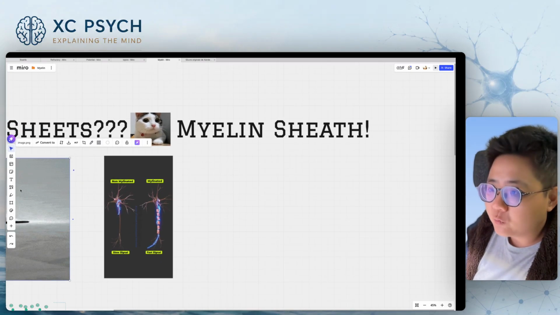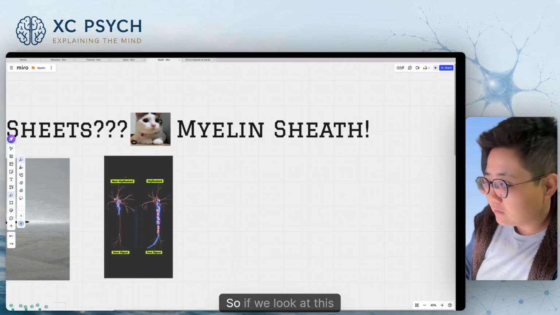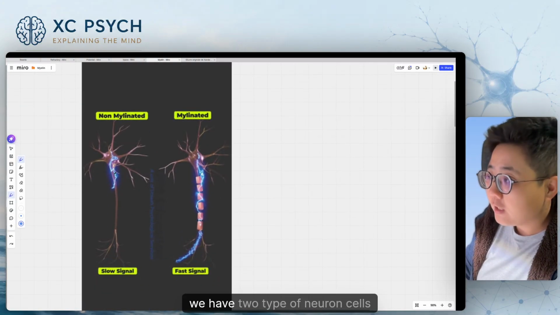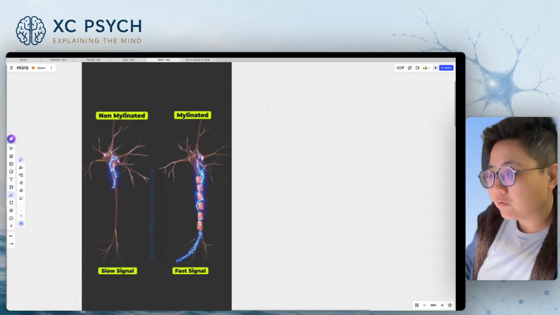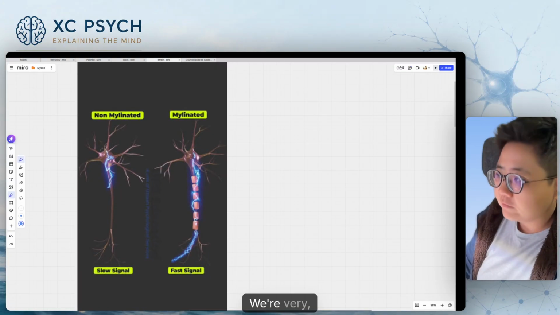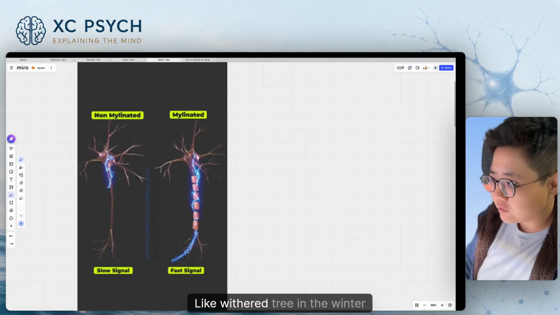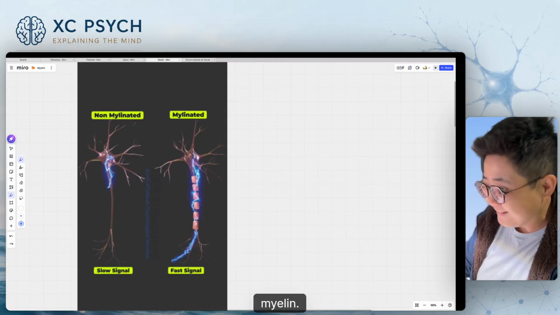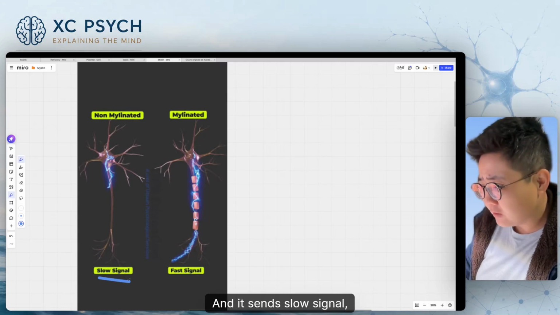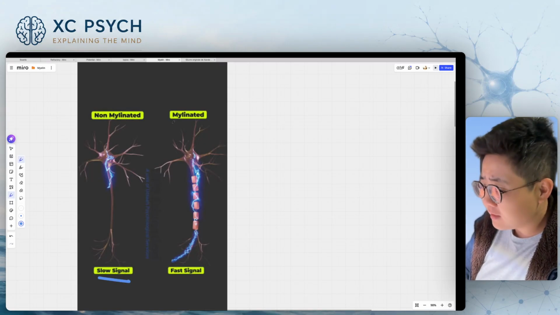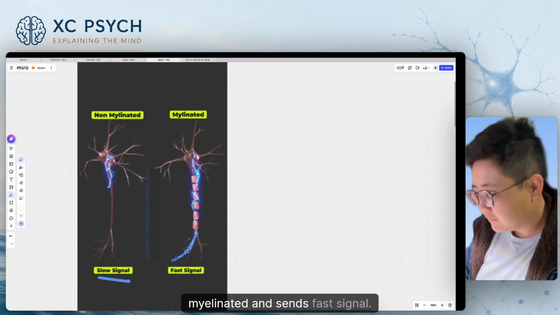Now, myelin sheath, what it is. So if we look at this picture here, we have two types of neural cells or nerve cells in our system. One is very bare, like a weathered tree in the winter, without myelin, and it sends slow signal. And the other one is myelinated and sends fast signal.